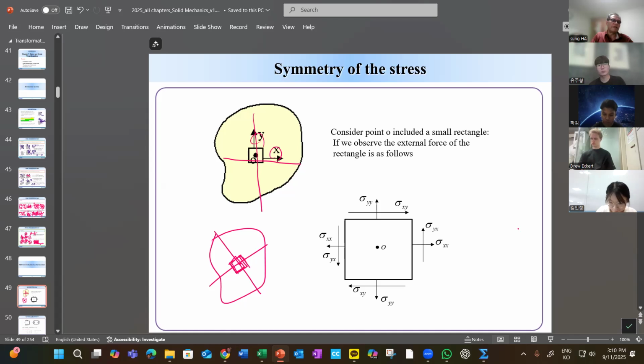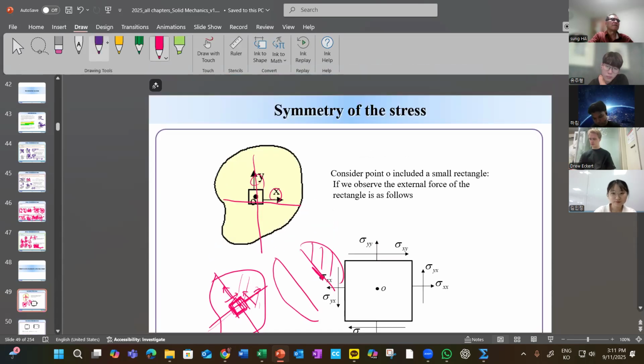Here we just say normal and shear, and then shear in the opposite direction. When we cut it, we can say here, but we can also see this object as well. So anyhow, we can define a rectangle.